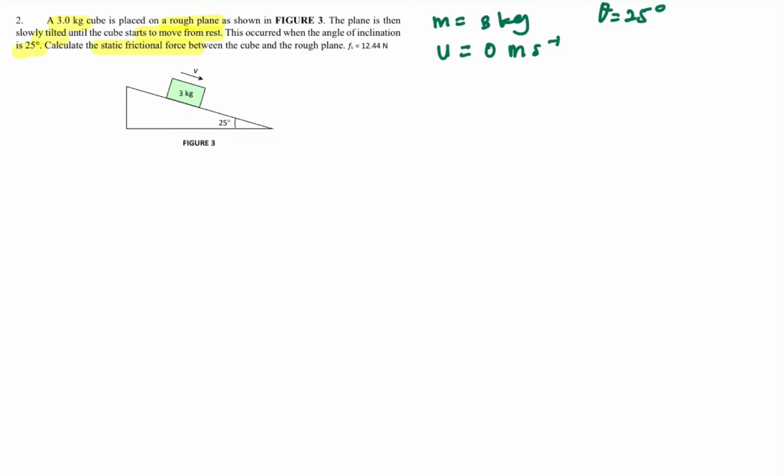And then here we have your static frictional force, meaning that you can use summation F is equal to ma, which will equal to 0. So we have to know all the forces acting on the cube.